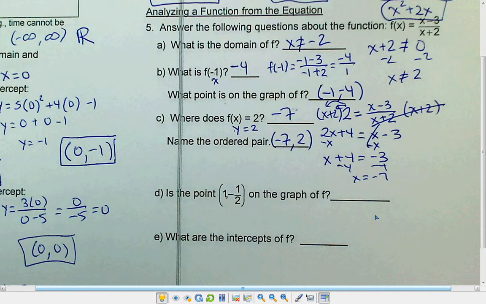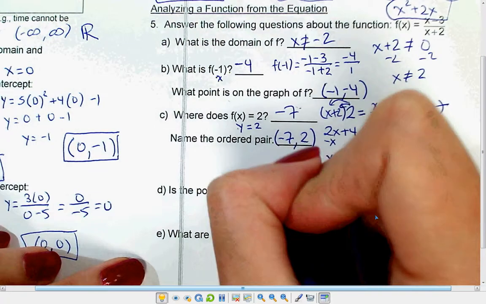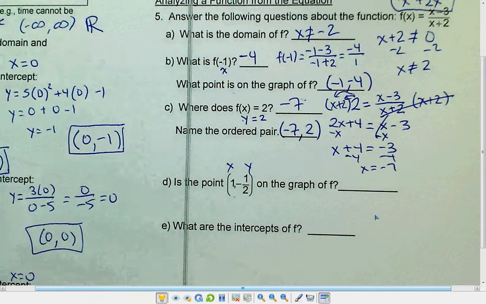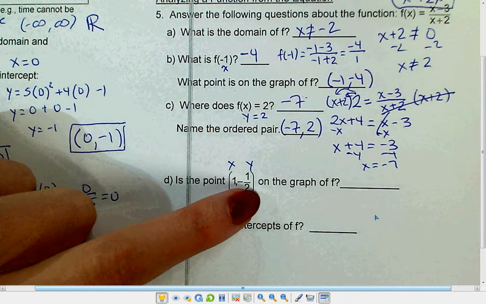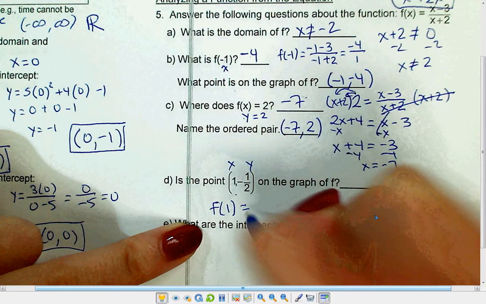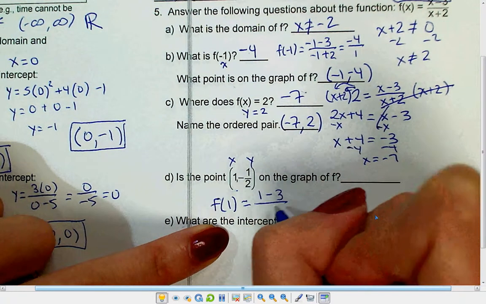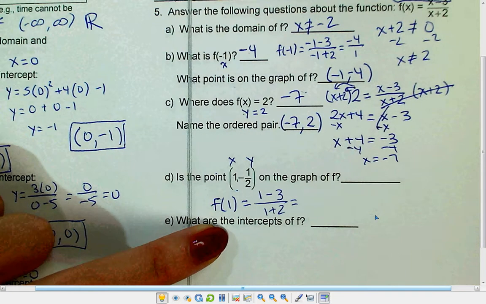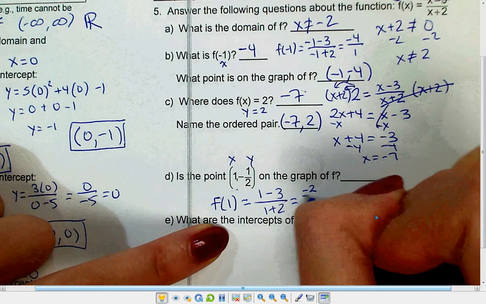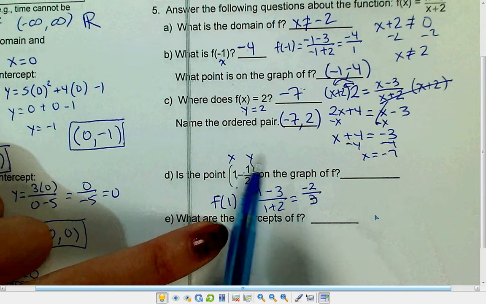D is asking us, is this point on the graph of f? So here's my x, here's my y. So we're going to check to see if I plug in this x value, is it going to give me this y value? So if I do f of 1, because that's my x value, I plug in 1 for my x, I end up with -2 over 3, which is not my y value here.